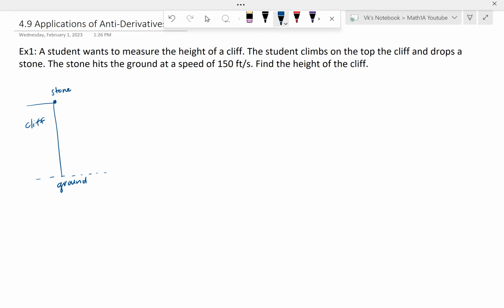We know a few things. We know that the stone is being dropped, meaning that the initial velocity is 0 feet per second.